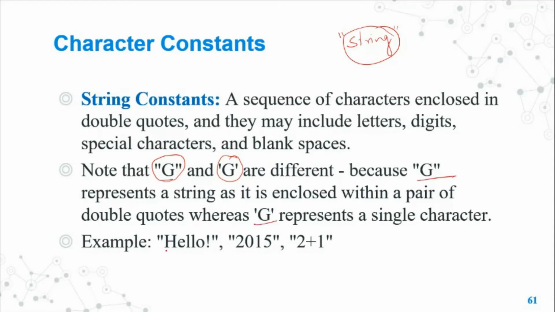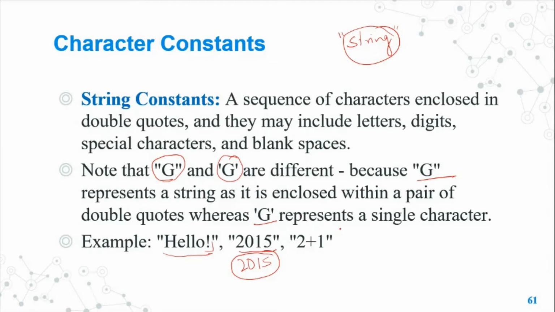Examples of string constants are "Hello". It includes five different alphabets, H E L L O, and a special character, the exclamation mark. Then "2015", which is within double quotes, so it is a string constant. This is different from 2015. The number 2015 is 2015, but "2015" within double quotes has a different meaning.